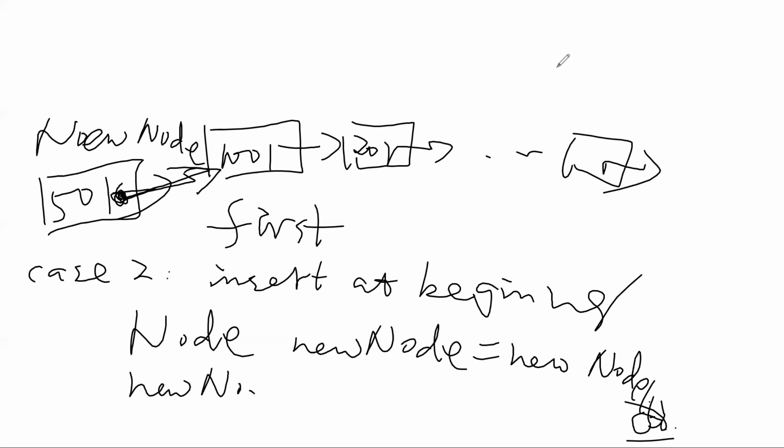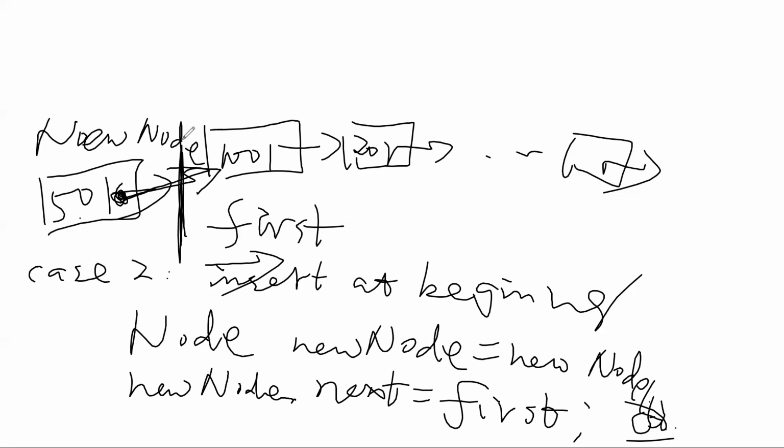So it should be new node's next. Its next should be what? It should be that first. Then you add it ahead of the first. But when you add it ahead of the first, the linked list is still going to be identified through here. That's your linked list. So you haven't updated your linked list.